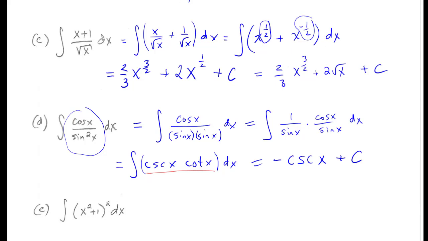So what we notice is that I was able to do this problem even though I didn't immediately see what this was, but by playing around and putting it in a particular form, I was able to solve it. Now, that doesn't mean that if I start changing a few things in here, if I put over sine cubed, or if I put cosine squared there, that it'll be as easy.